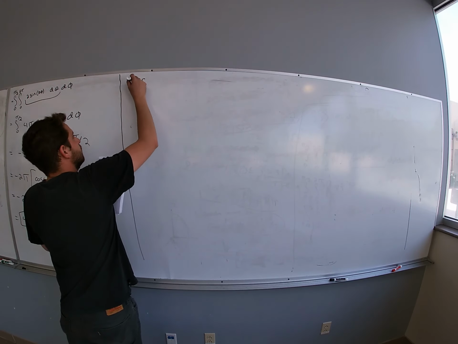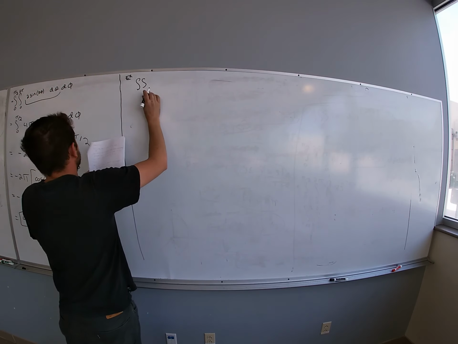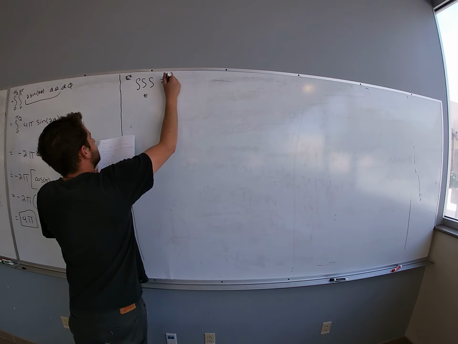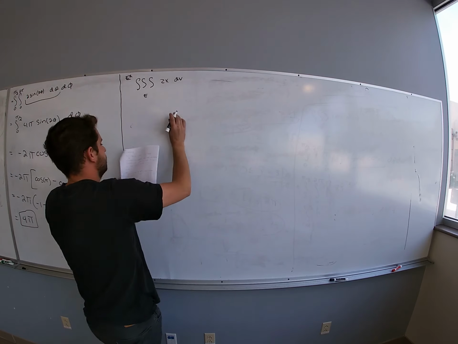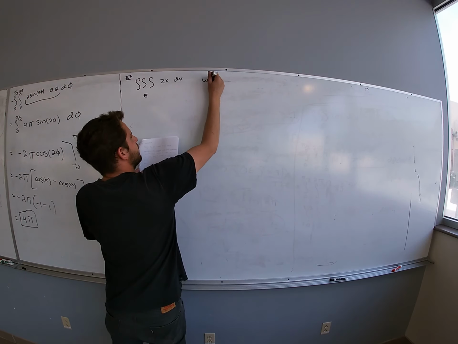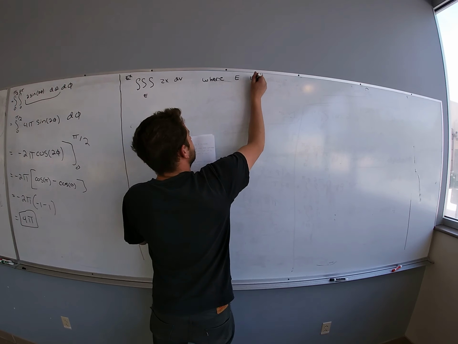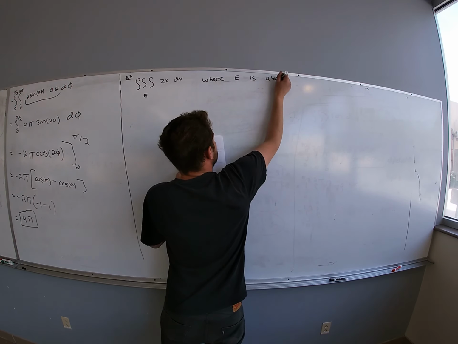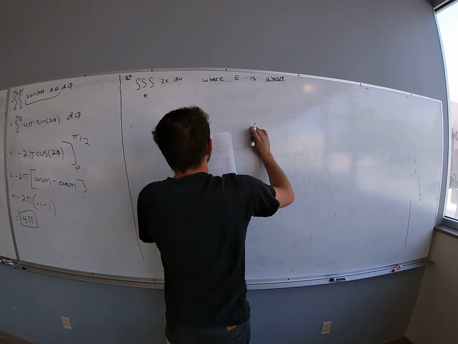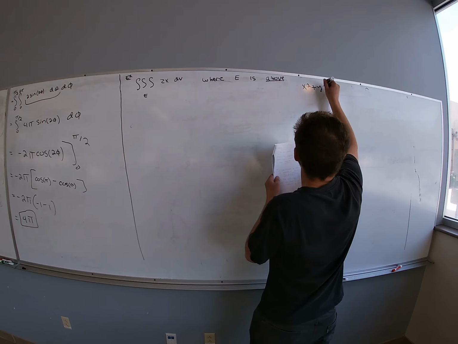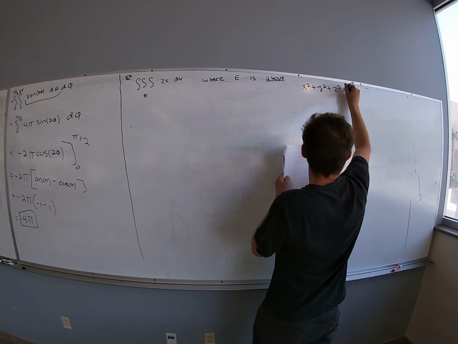How about this one? Example. Triple integral for E, and my integrand is going to be zx dv. Okay, so now what is E? Where E is above, like I said, I always like to underline those. So while it looks like I'm above a sphere, x squared plus y squared plus z squared equals 4.